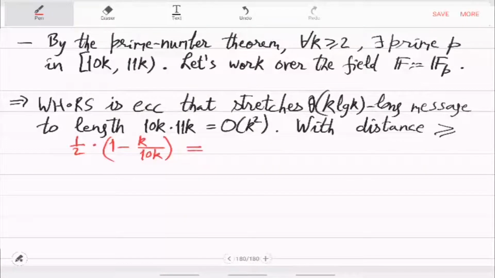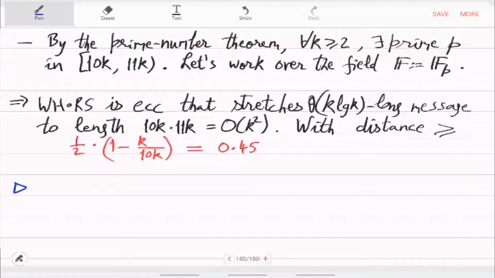So this means 0.45. Right, so distance is 45%. So the error that this concatenated code, and it's a binary code, can handle is half of this, which is more than 22%. So let's note that down.